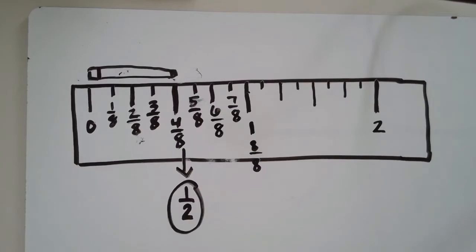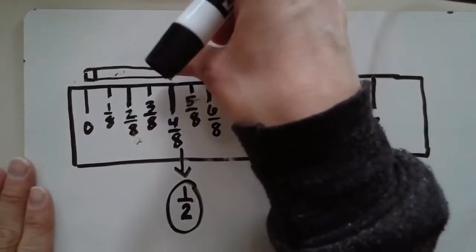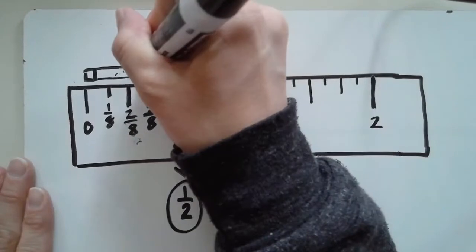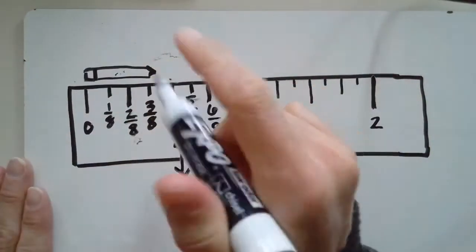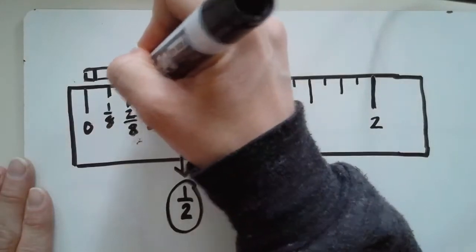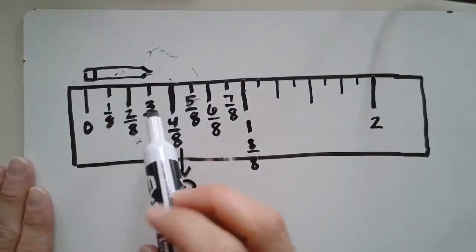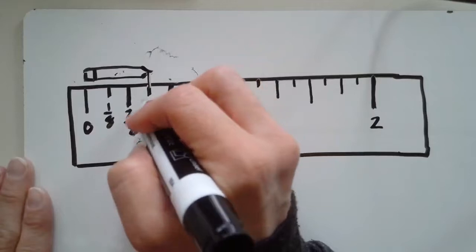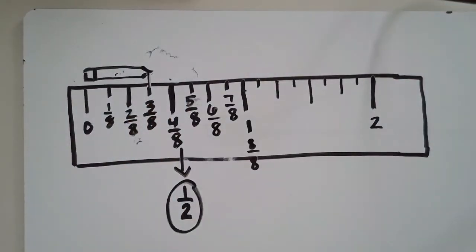Now, if the pencil was only this long, okay, not even that long, and it stops here, then I would say that it is 3/8 of an inch, because there's no other way to describe that amount.